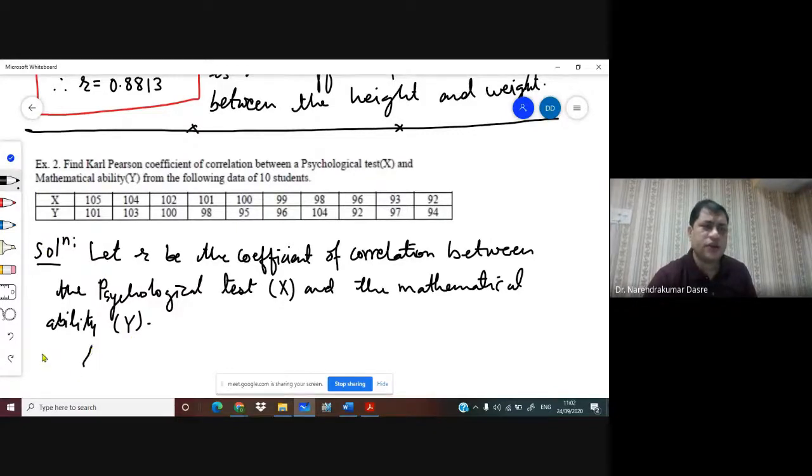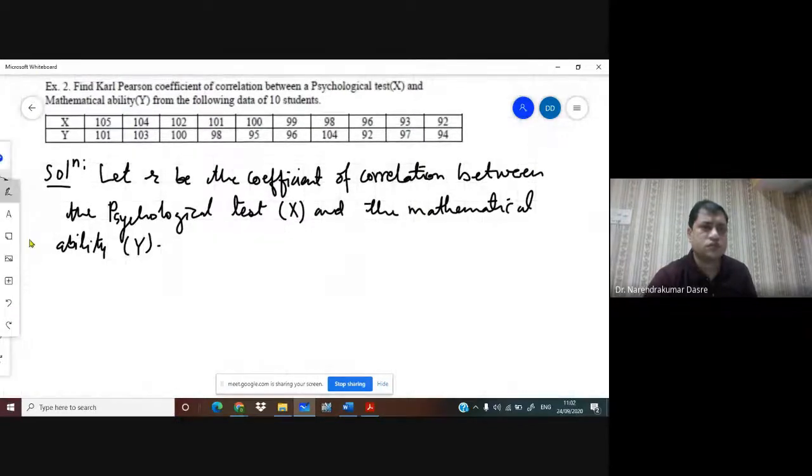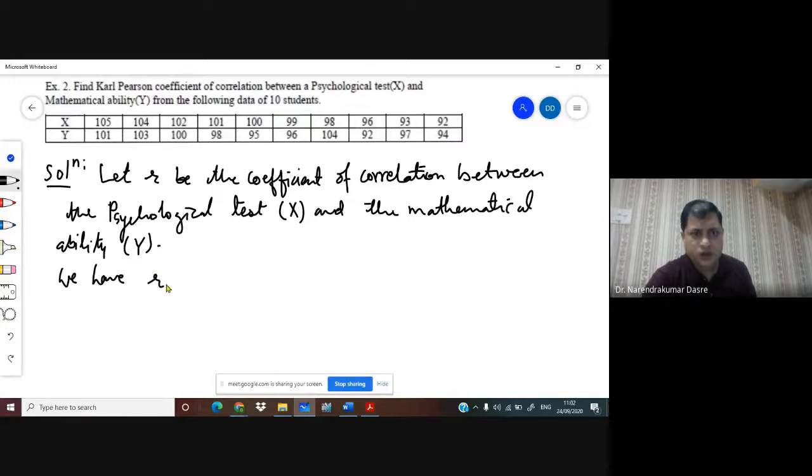Then we have r is equal to, what is r? Summation xy upon square root of summation x square into square root of summation y square, and it is going to be equation 1.